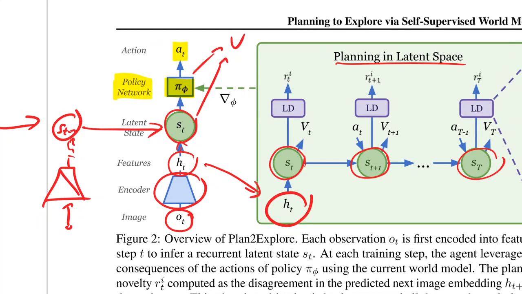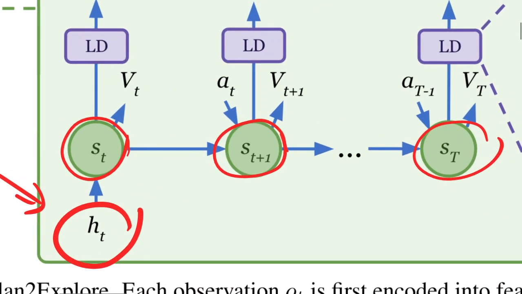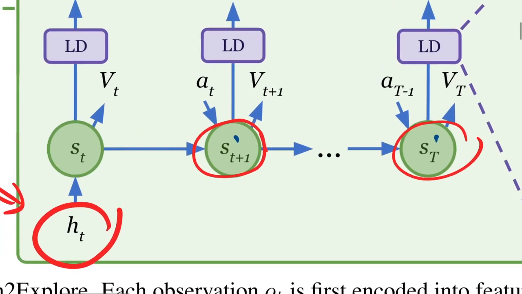These are the things you saw here. So these things that are always made by incorporating the new features with the old state, it tries to predict it. Technically, these things here should have some sort of a tick or something to indicate these are estimated. These are estimated future states.